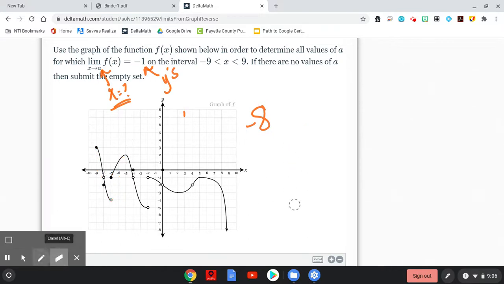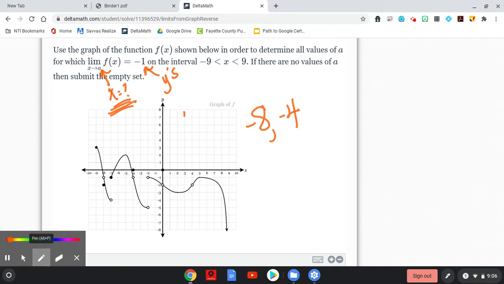Okay, the other place where I'm seeing a y value of -1 is right here. So if I draw on the graph from the left and from the right, they both end up right there. And again, what's the x value where that happens? -4. And then there's a -1 value right there.